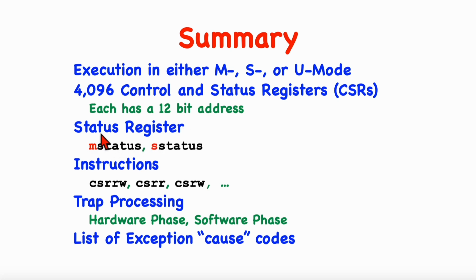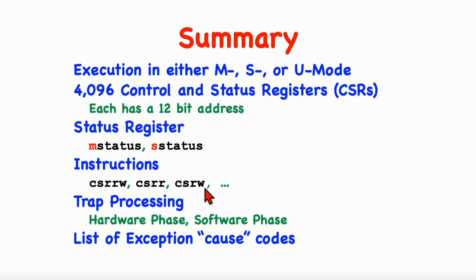We talked about the status register, which can be accessed in machine mode using the name mstatus. Some of its bits are also visible to the kernel, which is presumably running in supervisor mode, by being mirrored as the sstatus register. And we saw a number of instructions to read and to update the control and status registers, including the swap instruction, CSR read-write, and the CSR read instruction, and there's also a CSR write instruction that I forgot to mention.